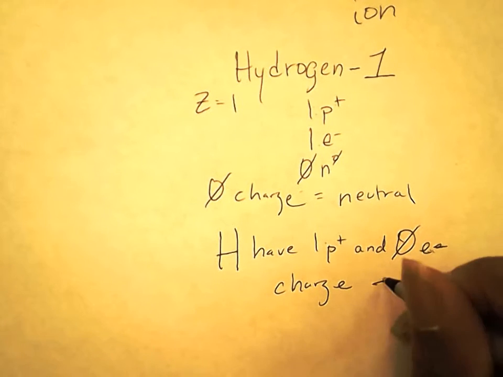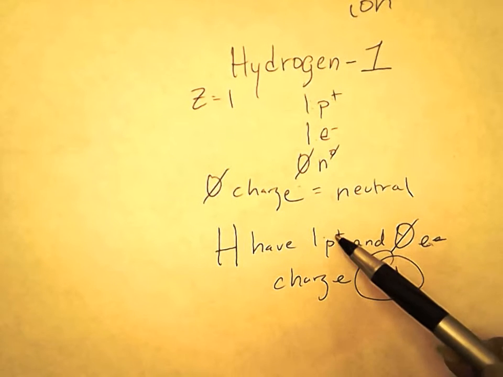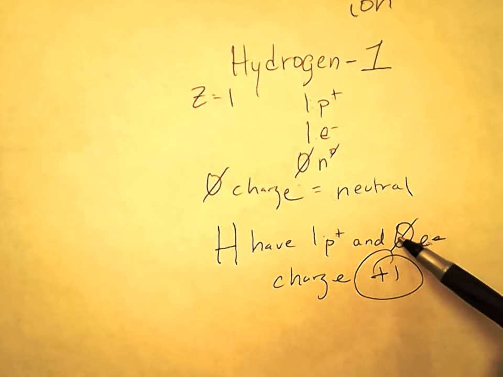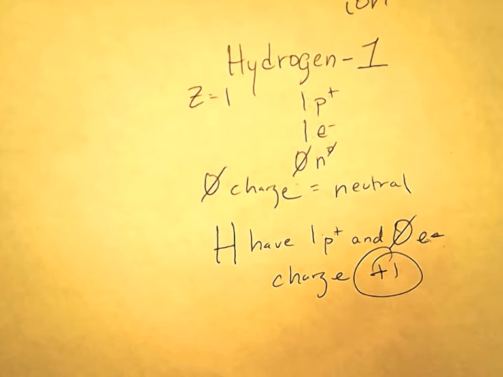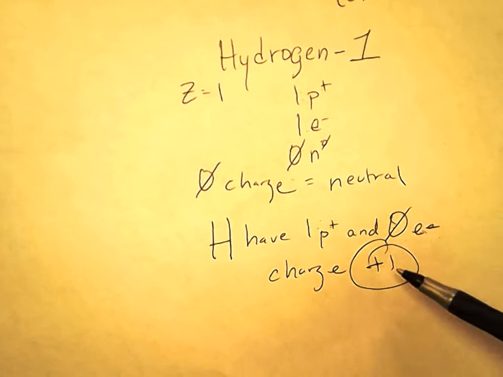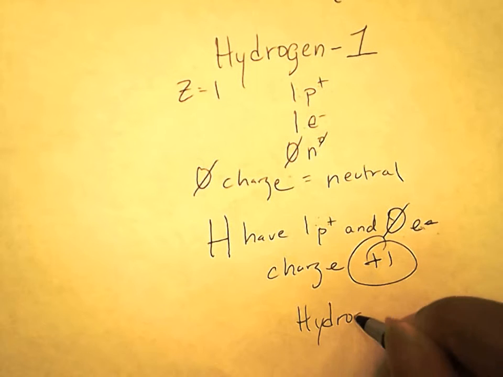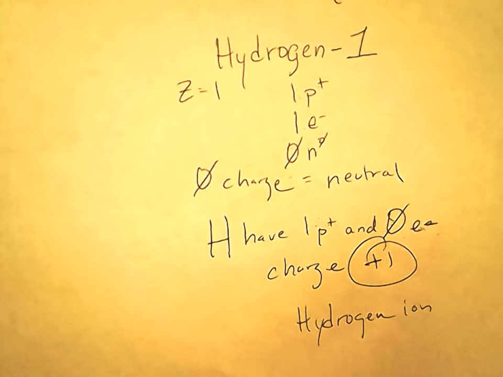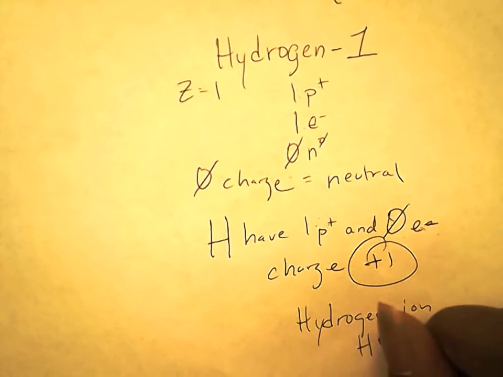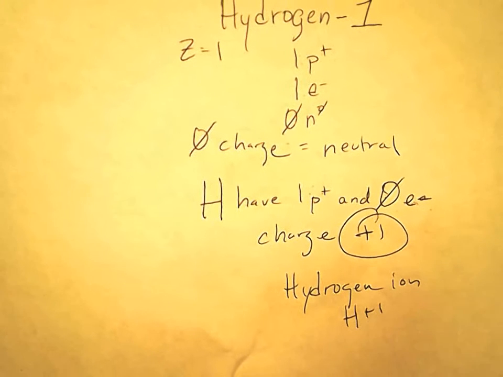It will now have a positive 1 charge because you only have 1 positive proton and you have 0 electrons. So you have a positive 1 and a 0, that makes a positive 1 charge overall. So now you have a hydrogen ion, and that's called H plus 1. But we go way more into that with the next stuff that we'll be doing this next 6 weeks anyway.